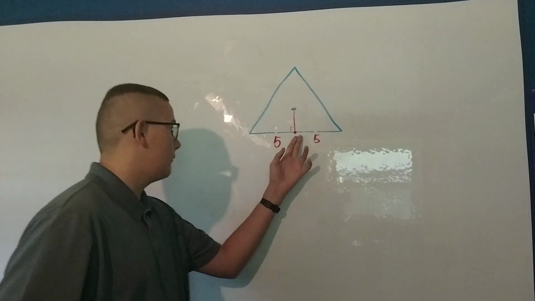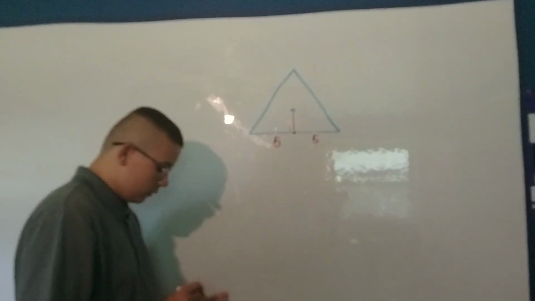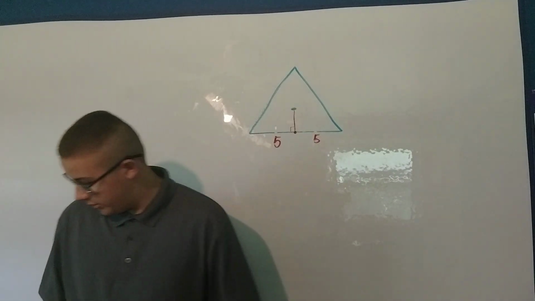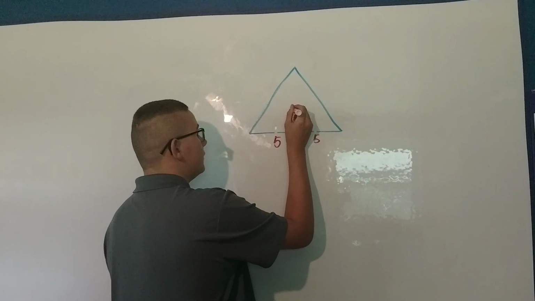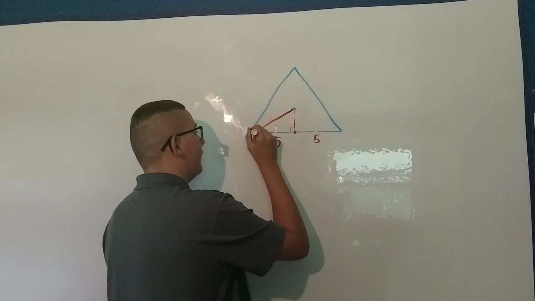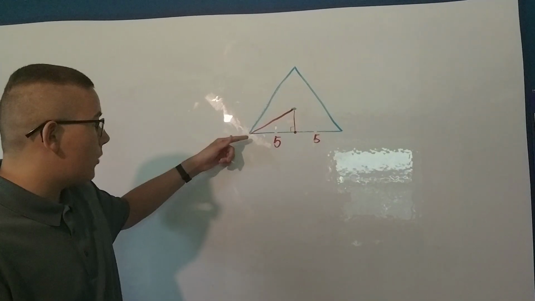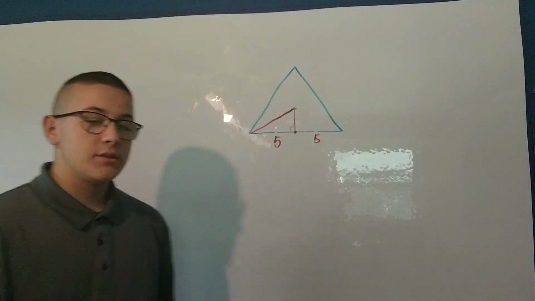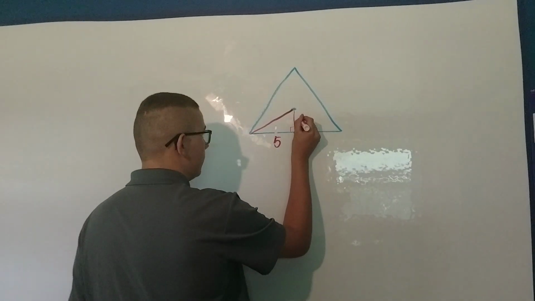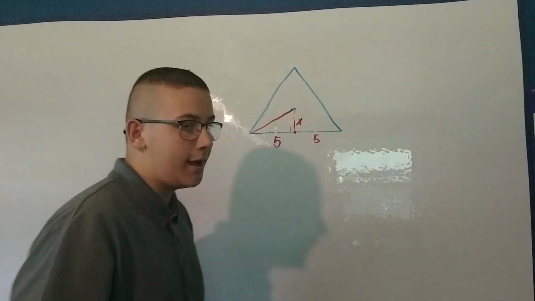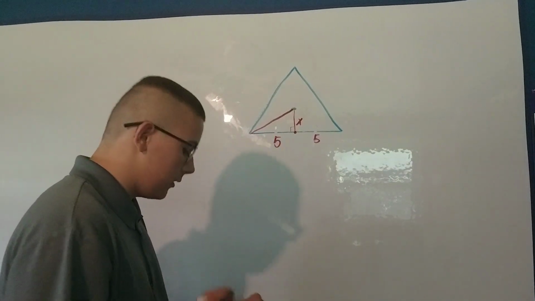And 5 on either side of our point here. And now what we can do is draw another line. If we draw the radius of this triangle out like that, now we have this right triangle, and we can try to solve for this side over here, the apothem. We'll just call it x for now, using trigonometry.